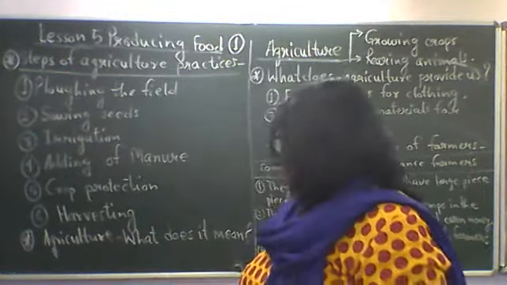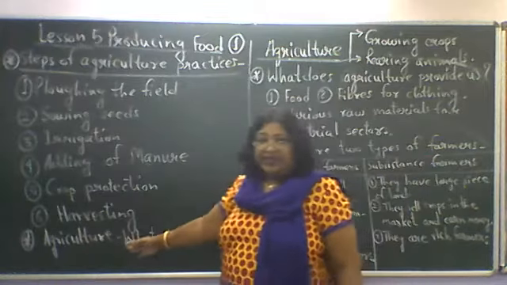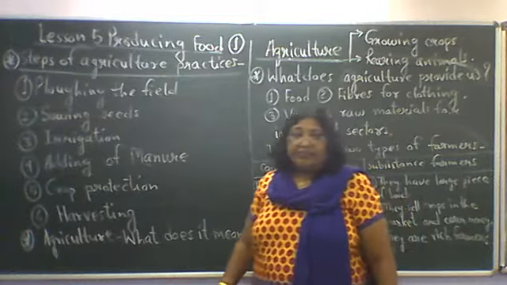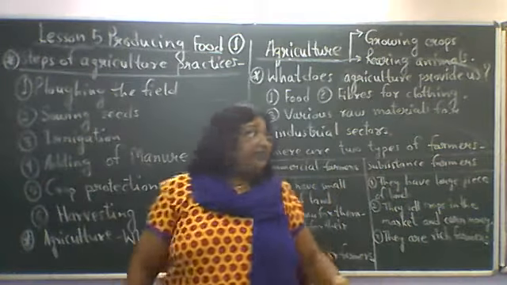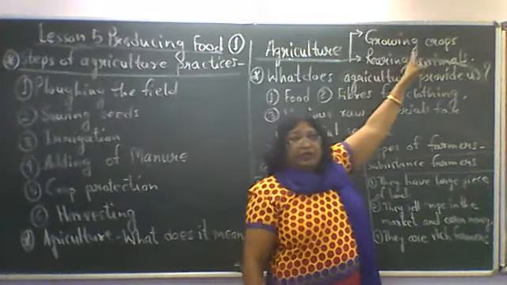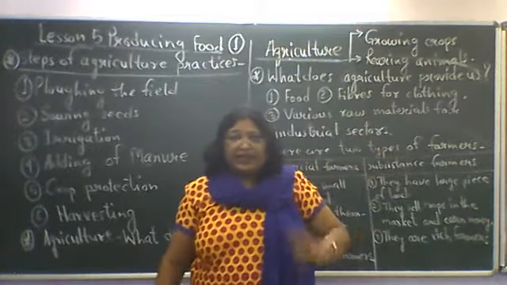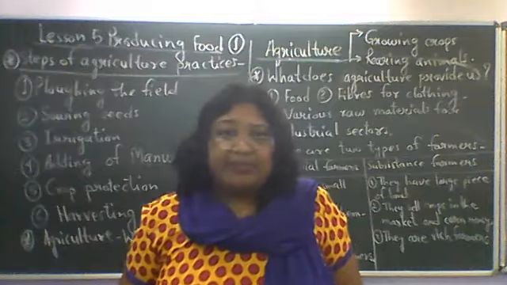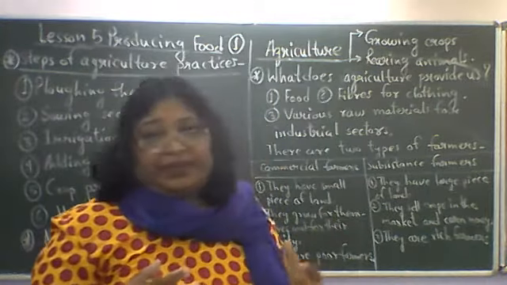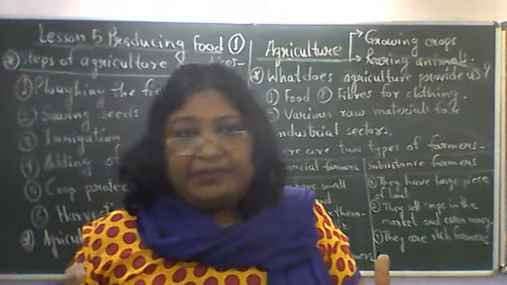So dear children, now I am going to teach you what agriculture means. Agriculture means, number one, growing crops and, second, rearing animals. Farmers grow different crops in their field.